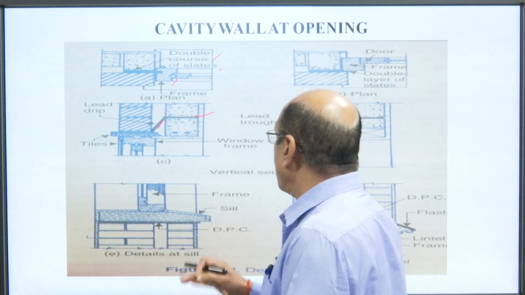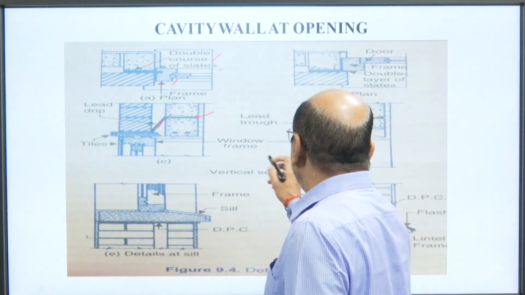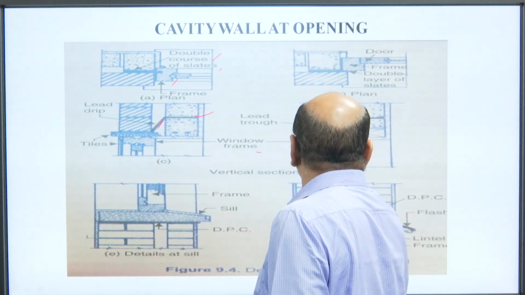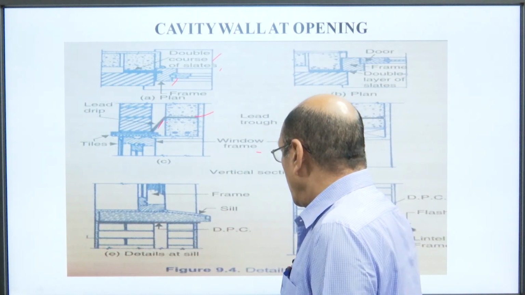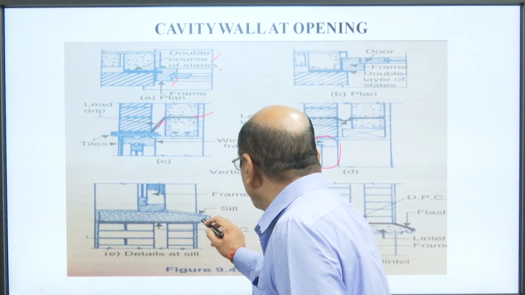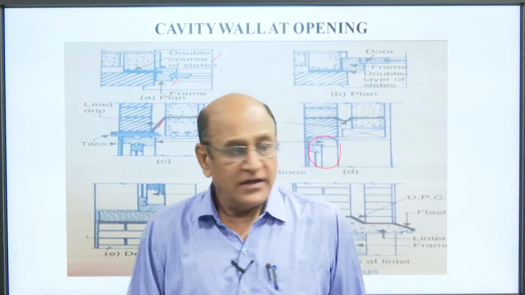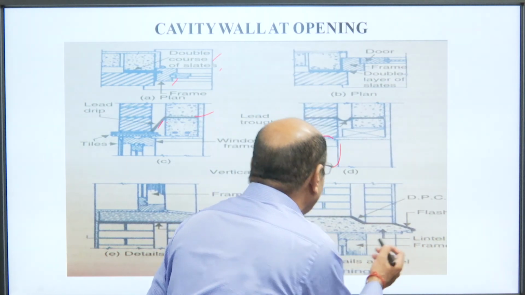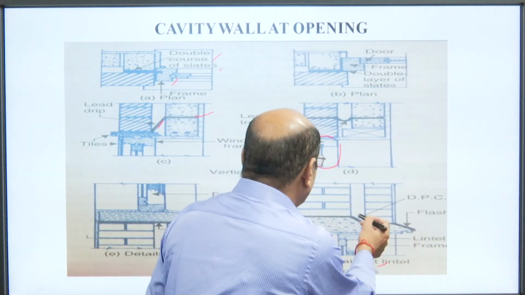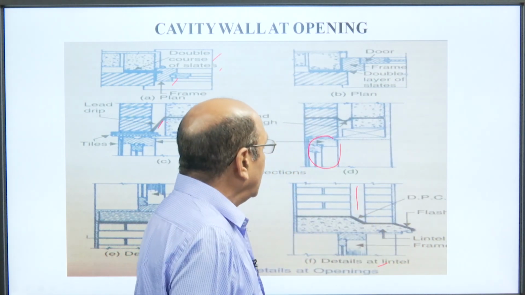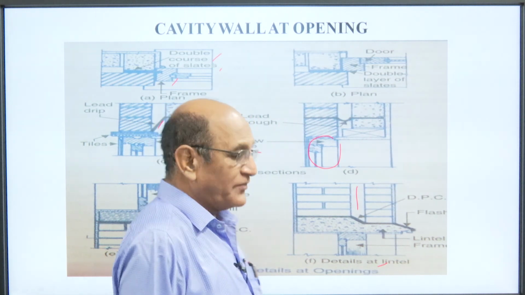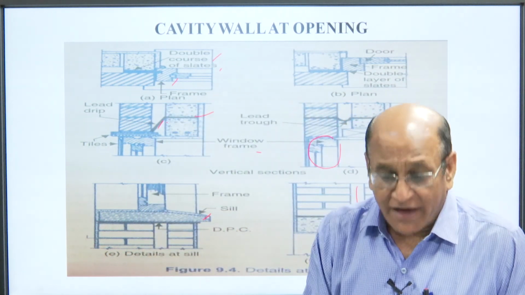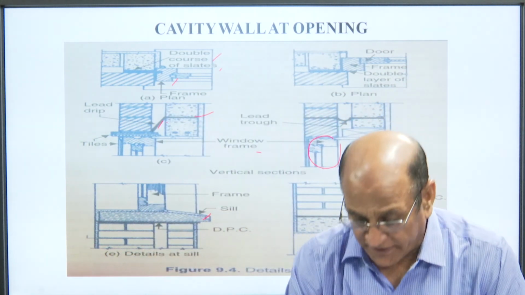These are the tiles provided in the house for the opening. This is the window frame provided here. This is the detail of the sill and this is the detail of the lintel, in which we provide the cavities. So, this is the cavity wall at the opening.